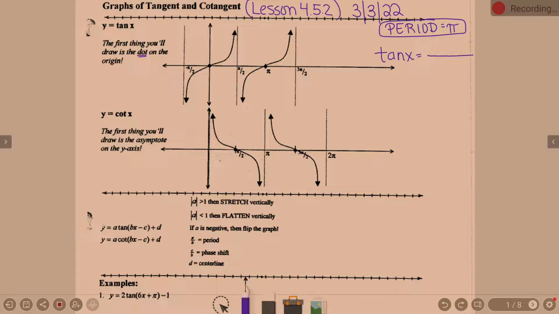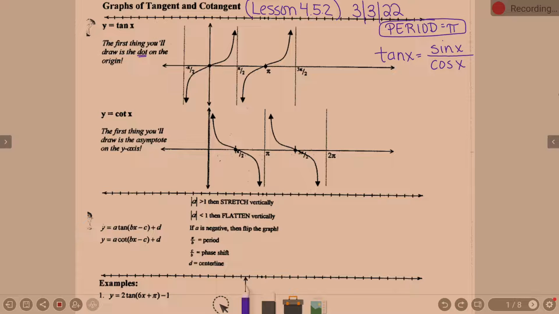Tangent is y over x, where y is representative of sine x and x is representative of cosine x. So tangent is sine divided by cosine. Keep in mind, cosine's on the bottom. What can the bottom of a fraction never do? The denominator of a fraction can never equal 0.